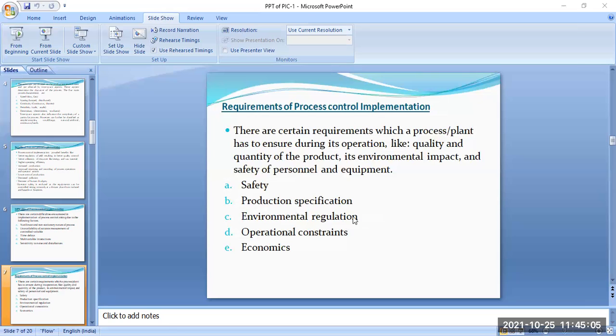This effluent should not cause air, water and soil pollution also. Okay, so this is number three, environmental regulation we have to follow.